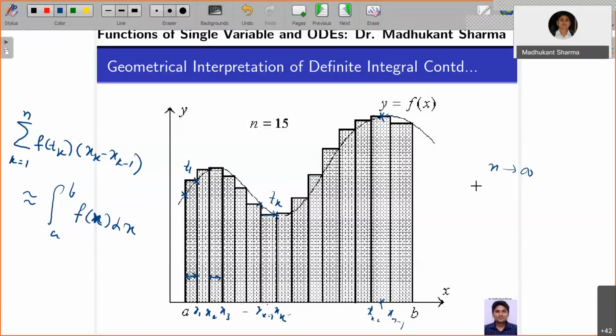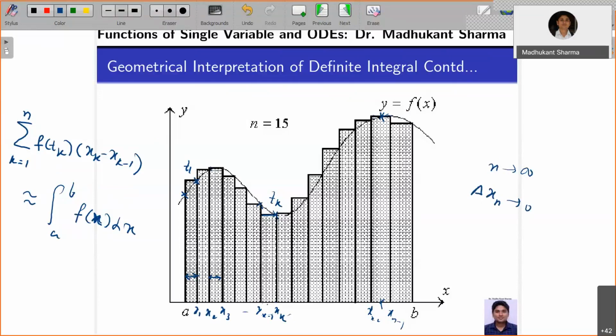So when you are saying n tends to infinity, you are essentially saying that delta xn tends to 0. The length of any subinterval is tending to 0, like they are sitting very close to each other. So they both are the same thing. Sometimes you will say limit n tends to infinity, and this sum is going to be the integral.